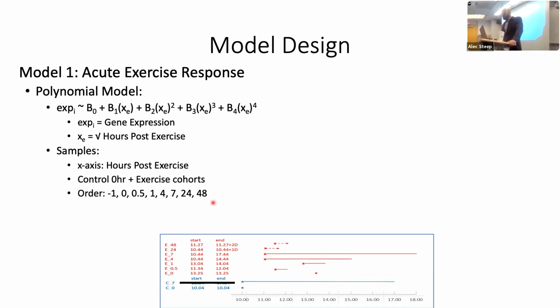You'll notice the same 7 time points, but this control 0 hour, actually we moved it back to -1. And that's because it was sacrificed just before the exercise event. That exercise event was a 30-minute period, and that really helps anchor the model. When we visualize this model again, you'll see why we made this modeling decision.